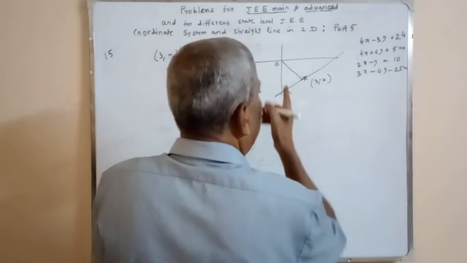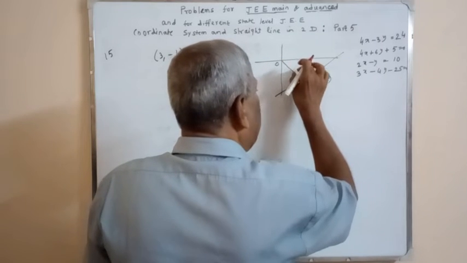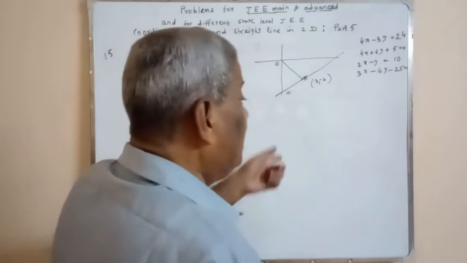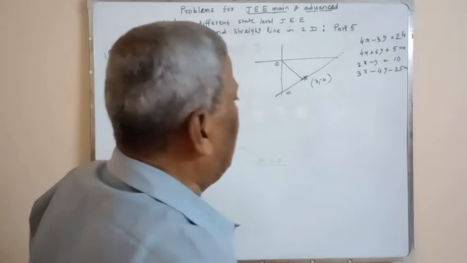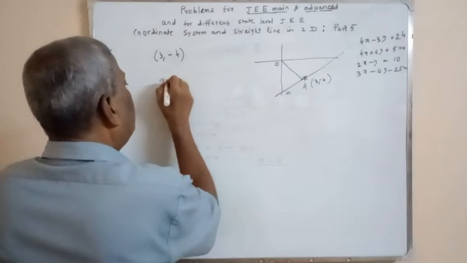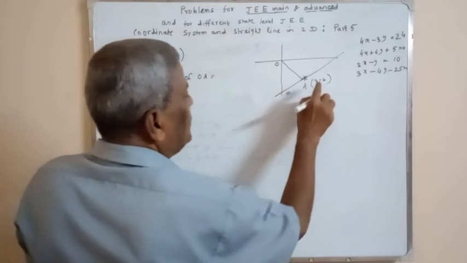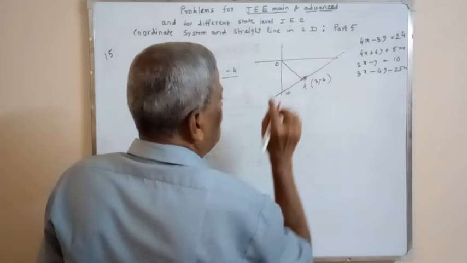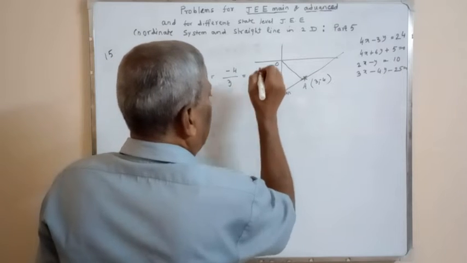Gradient is m. Now, here also we calculate the gradient of this and the gradient of that given. Their product must be minus 1 because they are perpendicular. Now, the gradient of OA is equal to minus 4 minus 0 by 3 minus 0, so minus 4 by 3.